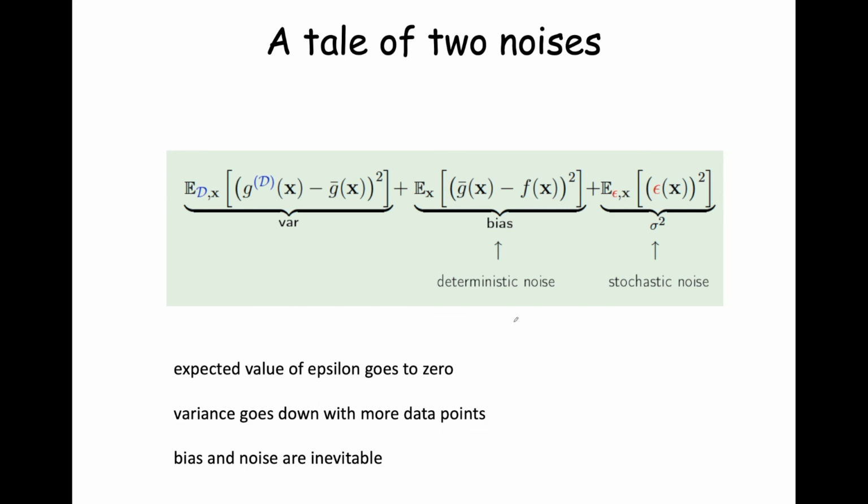We have the bias term, which is the difference between the best we can do hypothesis-wise, our average final best hypothesis, and the target function. We have the variance term, which says for a given data set, we get a different final best hypothesis, and it's different each time, resulting in a cloud of different final best hypotheses around the average final best hypothesis.